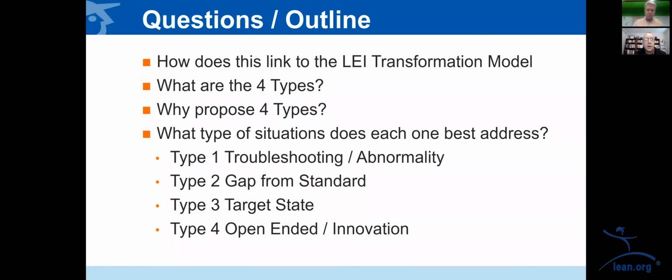What are the 4 types? Why are you even proposing 4 types? What types of session does each one best address in my opinion? And we'll go through the 4 types quickly. I'll probably spend more time on the front end and the setup of this, explaining that. And we may have a follow-up webinar and go into more details on one or several of the types. If you're interested, send questions and point us in that direction.